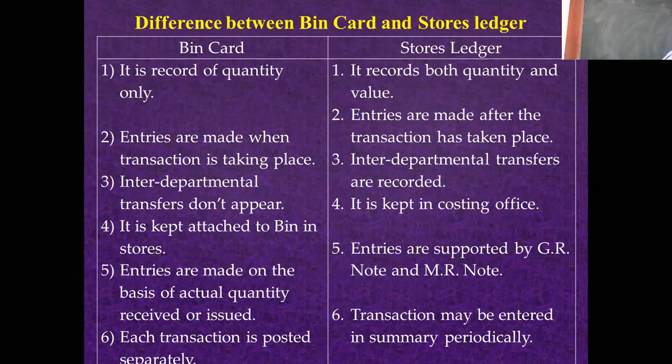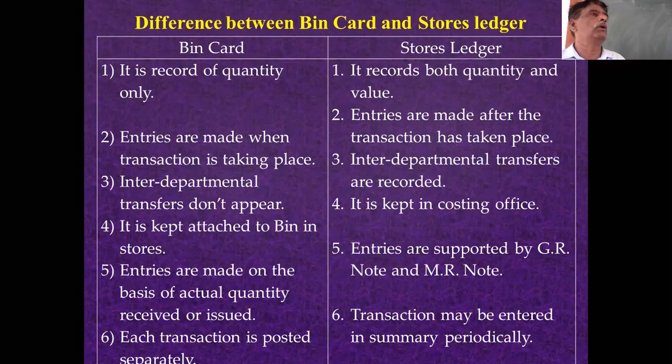If it is transferred to some other department, that is recorded in the costing books, but it will not be recorded in the bin card because it will not come to the store. So interdepartmental transfers do not appear in the bin card, and interdepartmental transfers are recorded in the store ledger.